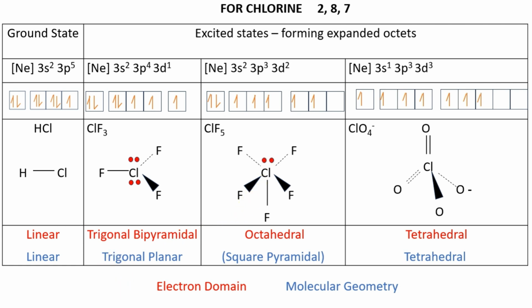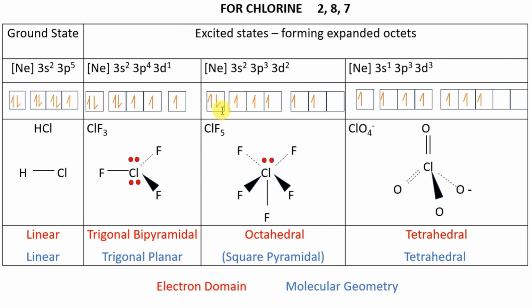The electron domain geometry is octahedral, 6 pairs of electrons around the central atom. The molecular geometry, with 5 bonded pairs, is square pyramidal.